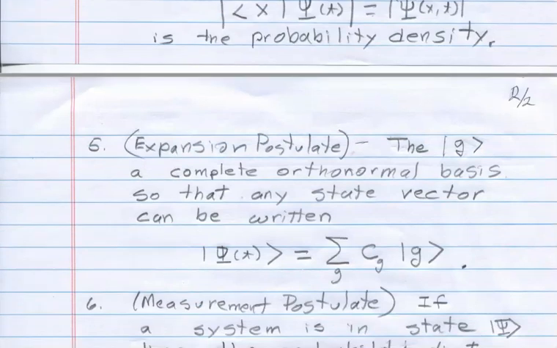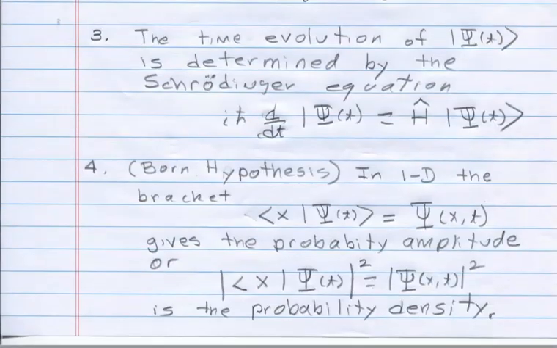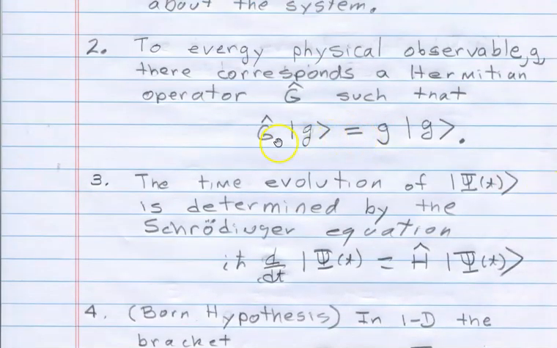There's an expansion postulate, is that once we've found these g's, and let's go back up here, I'm still talking in terms of this case here. I've got an operator, a physical variable operator, operating on an eigenket, giving me the eigenvalue times the ket back again. Then when one solves this eigenvalue problem, you get not only the corresponding eigenvalues, but also a set of eigenkets.